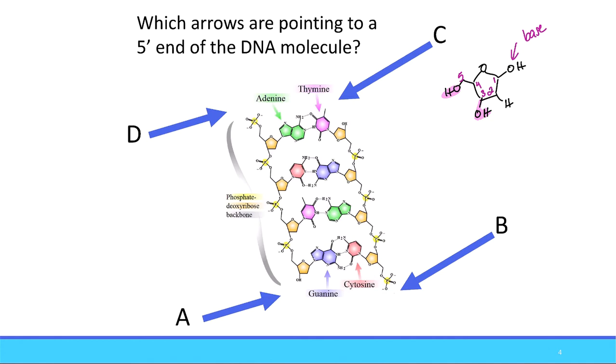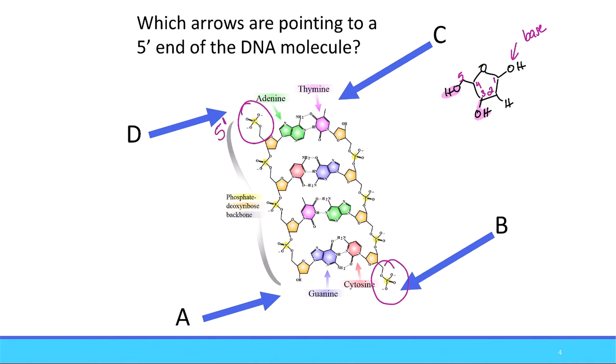We talked about a quick and easy way to see where the 5' end versus the 3' end of DNA or RNA is: number your carbons and look for where that phosphate group is. If we take a look at D, we have a phosphate group there, and if we take a look at B, we also have a phosphate group there.